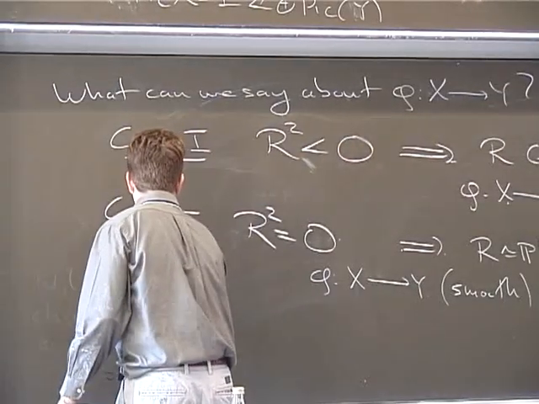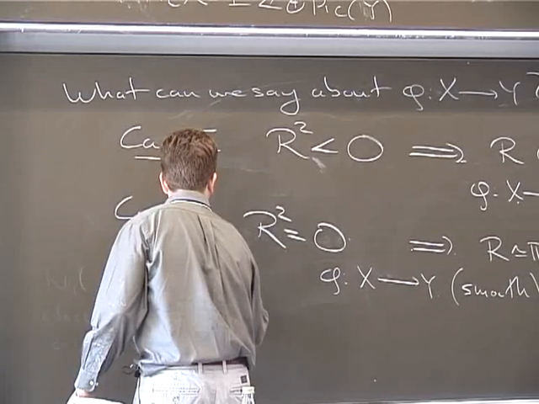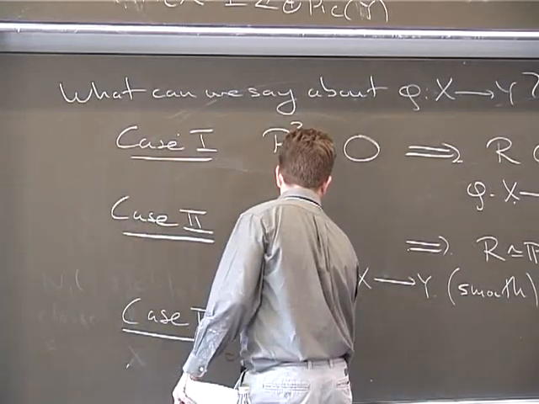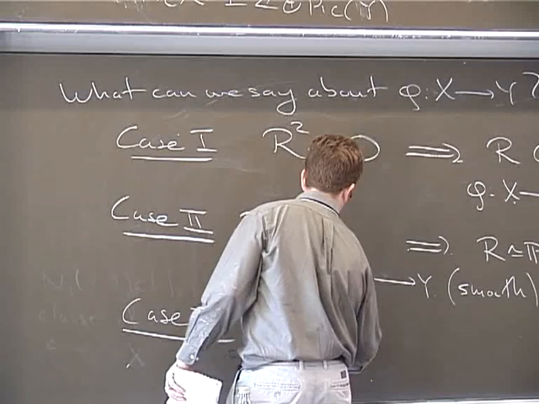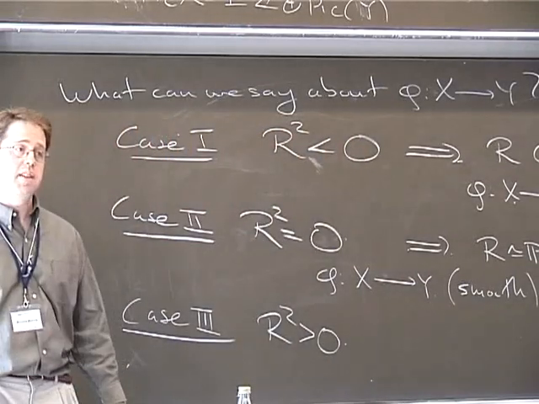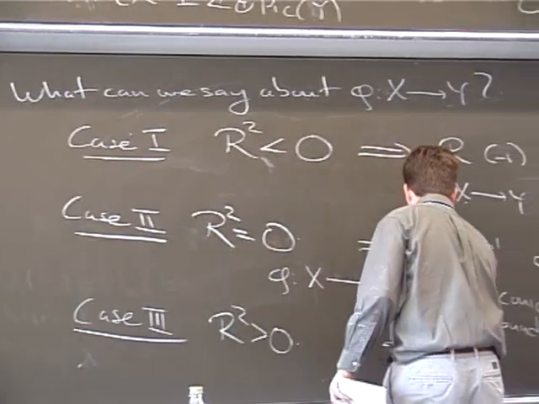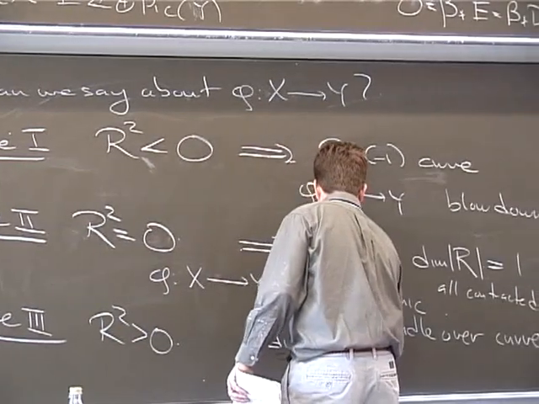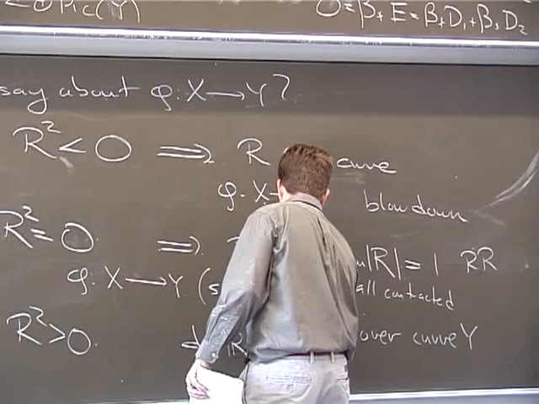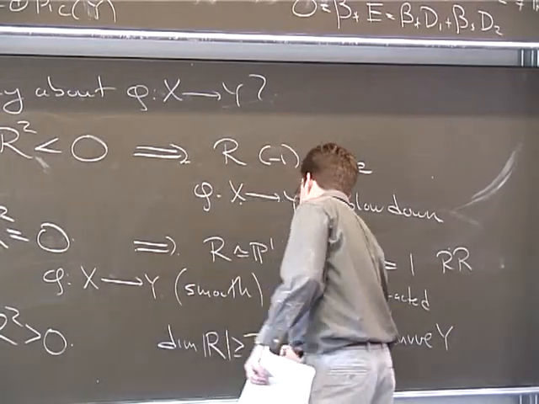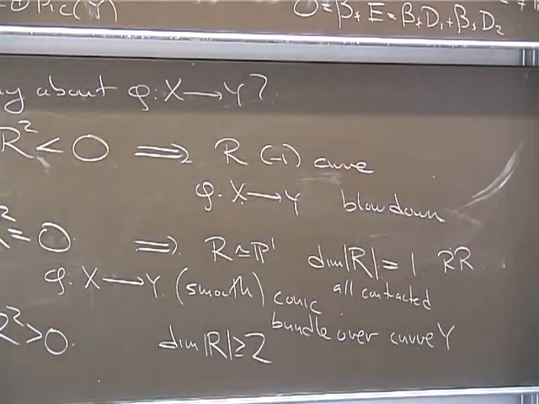In the last case, where R squared is actually positive, we get that R moves in a large dimensional linear series.